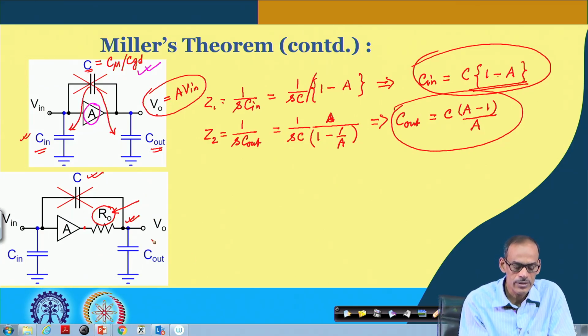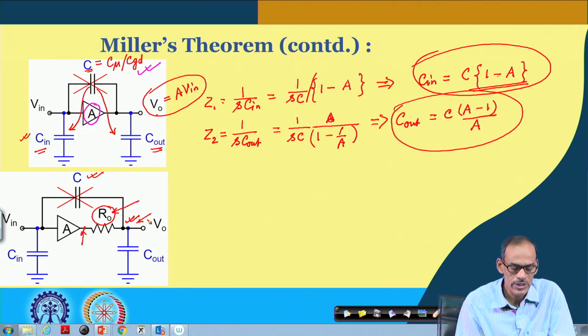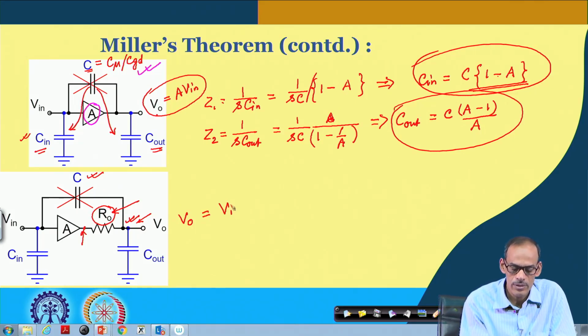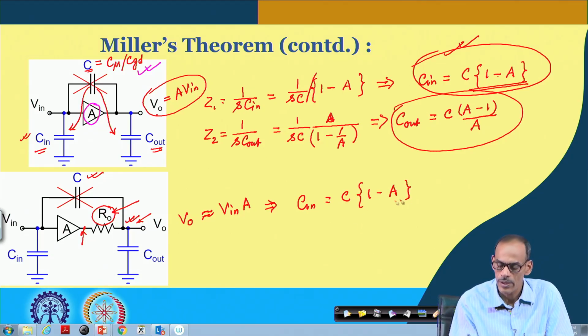Even for this circuit, the signal coming here and the signal coming here are almost equal. So, VO is practically V in multiplied by A. Then we can also use this relationship, namely C in equals C multiplied by 1 minus A, and C out equals C into A minus 1 divided by A.